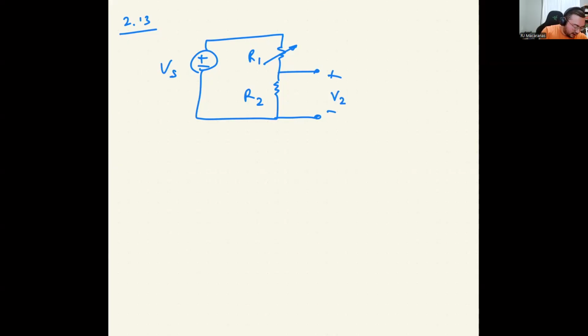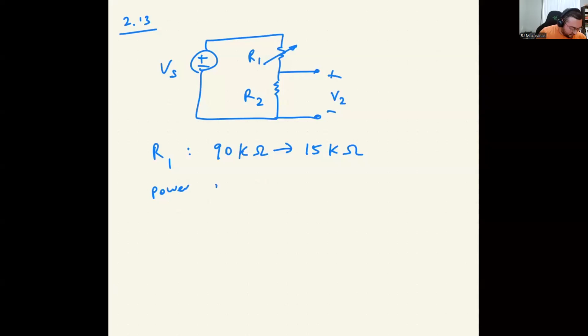They're just looking at the power when you change the resistance. They're changing R1 from 90 kiloohms to 15 kiloohms, and they're interested in the power absorbed.